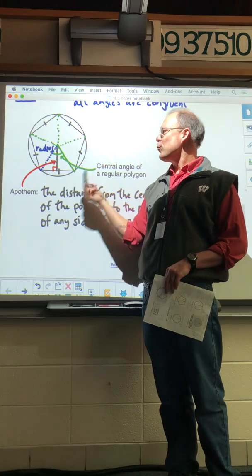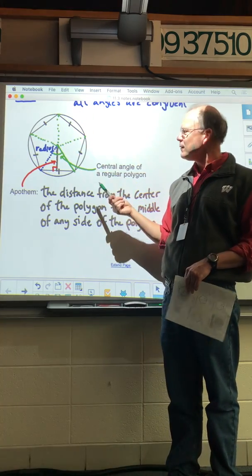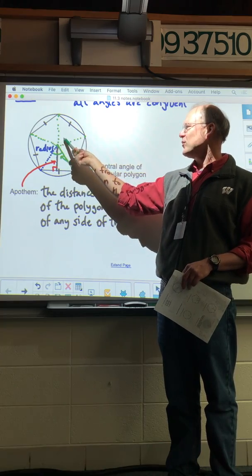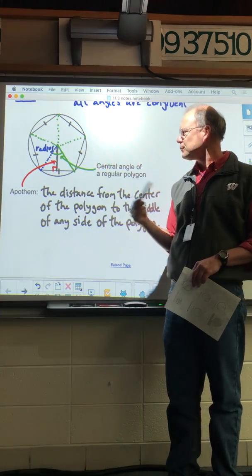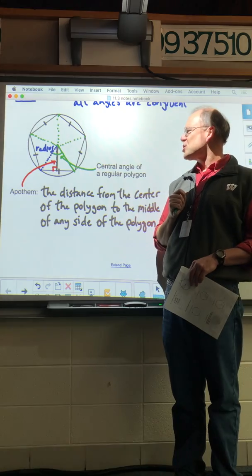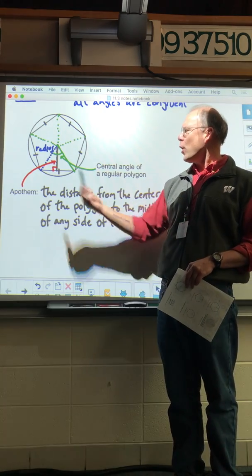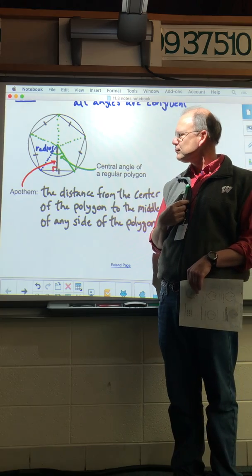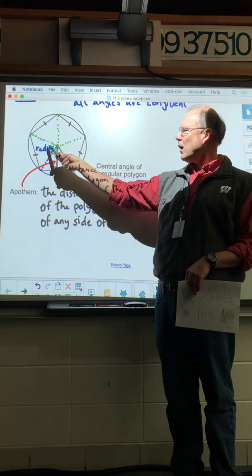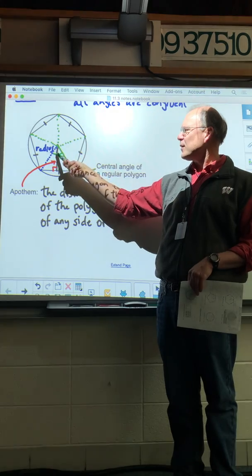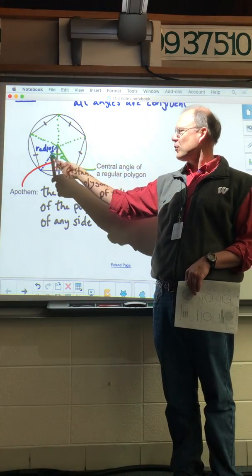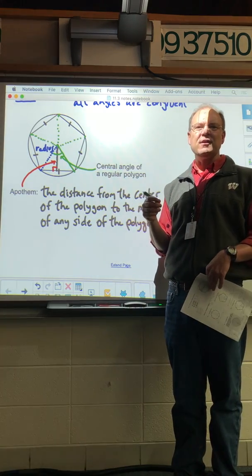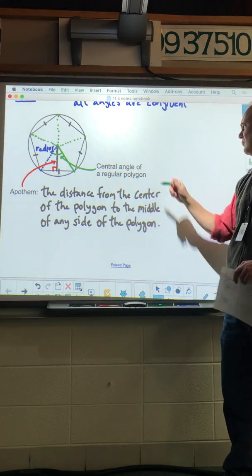And because this is a regular polygon, all the sides are the same. That means all the central angles are going to be the same. So how could we figure out what one of those central angles is? All 5 of these angles have to add up to what? It's like going around a circle. All 5 of them need to add up to 360.